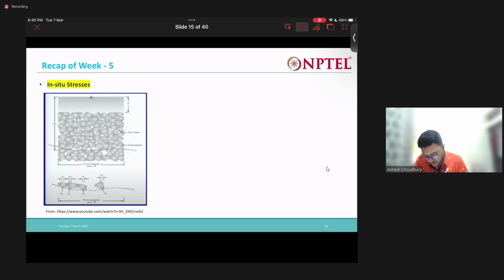The depth of water above the soil is capital H. We are considering an arbitrary point A at a depth of HA from the top.